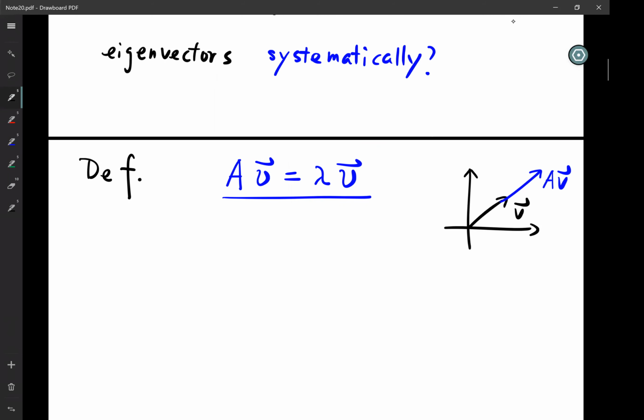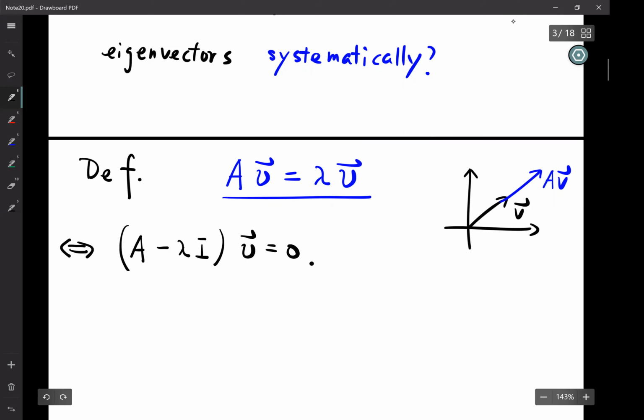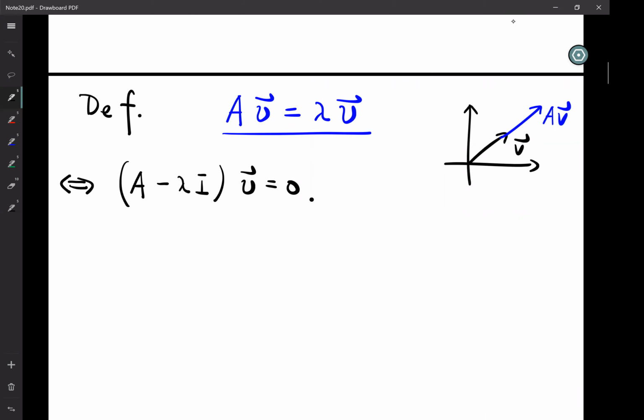So we start from this definition and move the right-hand side to the left-hand side. This is equivalent to A minus lambda times identity, times V, equals 0. And here, a zero vector cannot be an eigenvector, so V is not 0, which means it's non-trivial. I'm using the word non-trivial precisely with respect to the solution of a homogeneous linear system, because this is really some A tilde x equals 0.